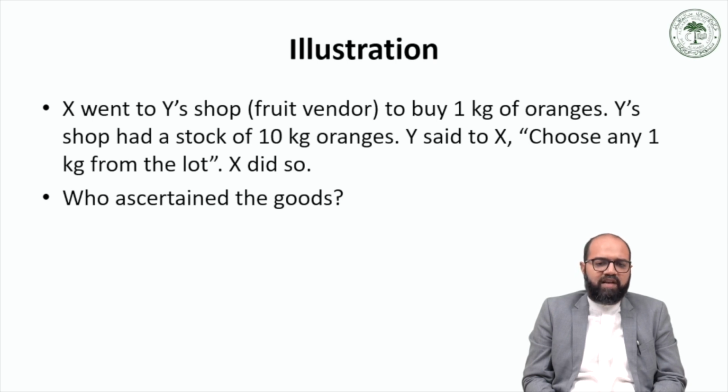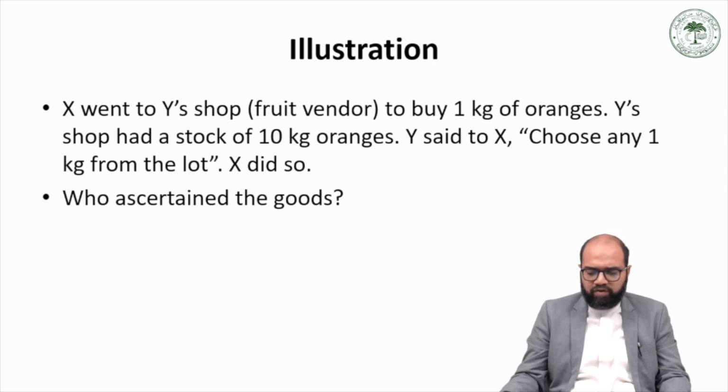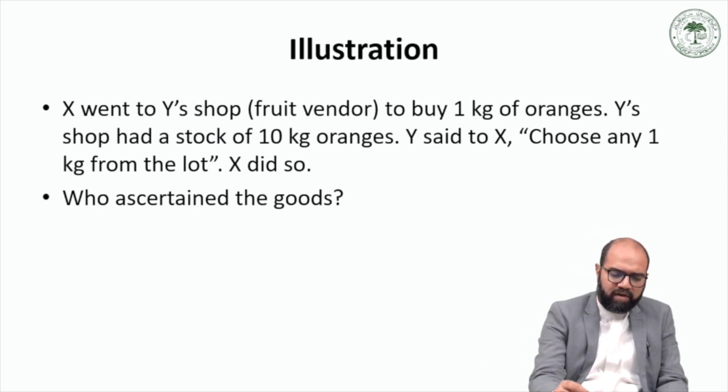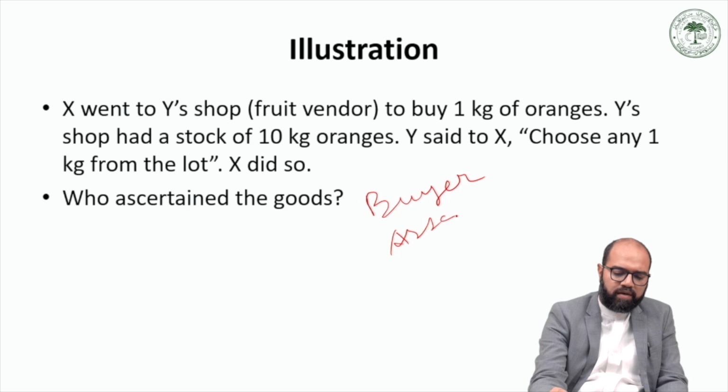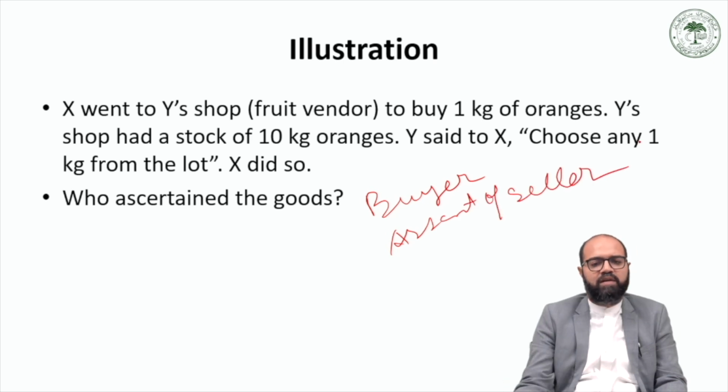In this case, the seller communicated to the buyer that he can choose any 1 kg from the 10 kg, and X did so. So in this case, the goods were ascertained by the buyer with the assent of the seller. So again, this is an example of an express appropriation.